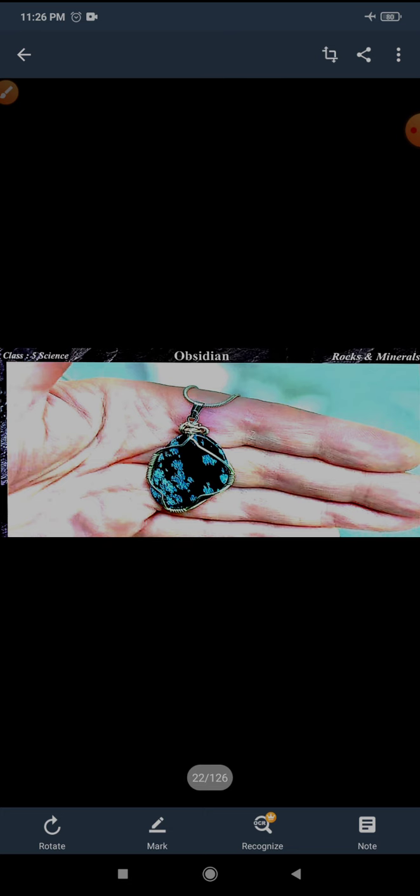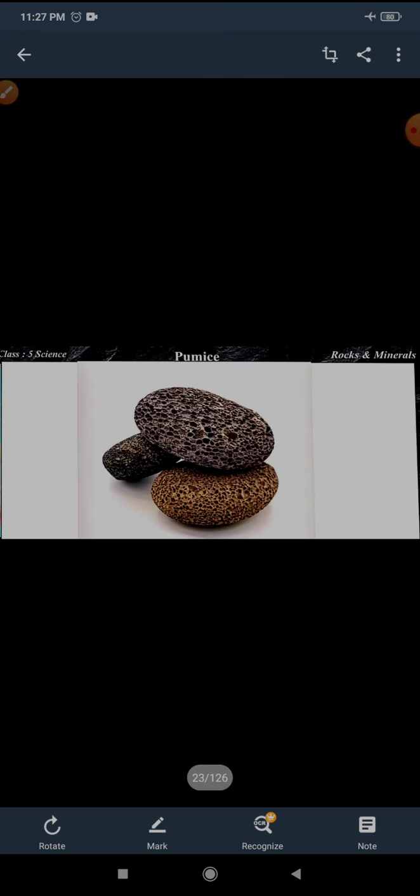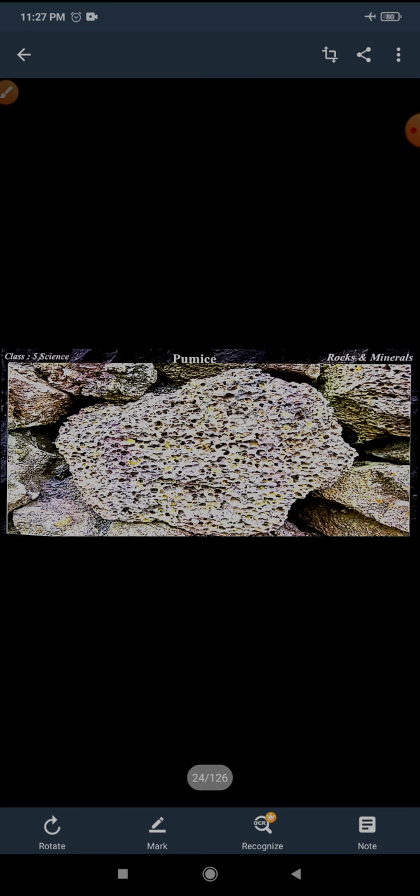So this is obsidian. Now the next is pumice. So what is pumice? It is porous or full of holes and is formed from lava. It is frothy with a lot of air in it. Pumice is the only rock that can float.